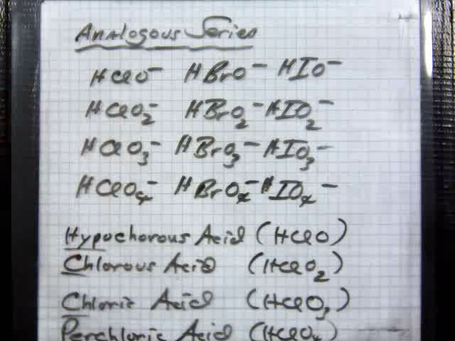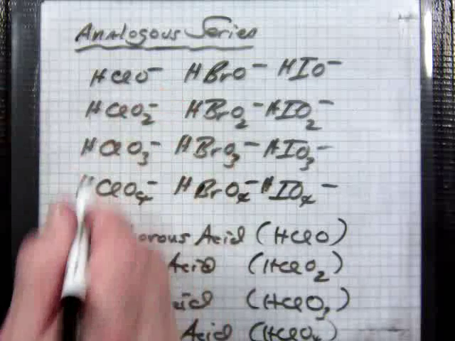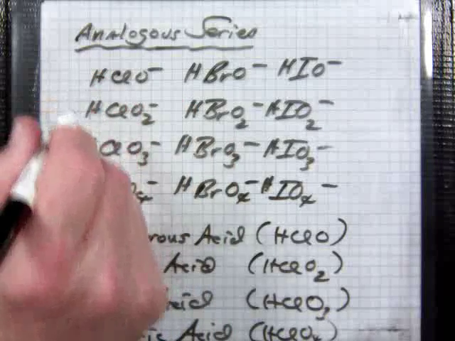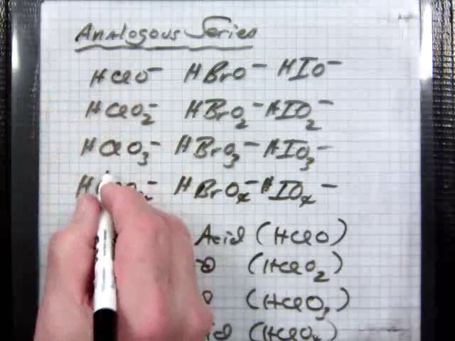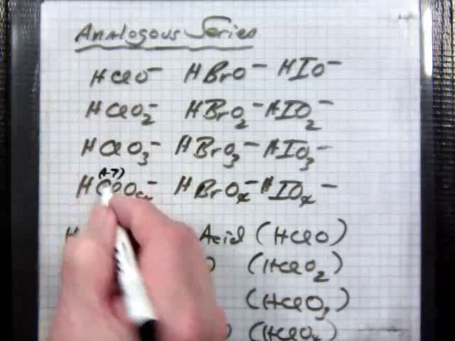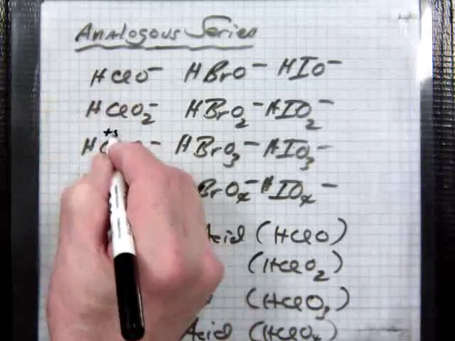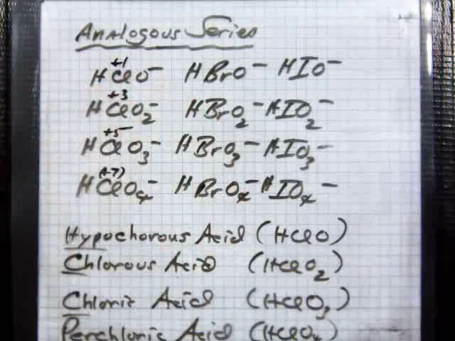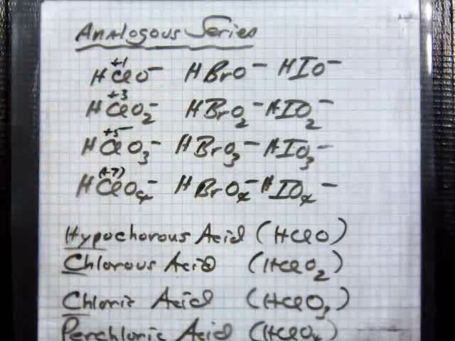So you've got to mentally understand that. Like in this, in the chlorides, this is actually a +7 oxidation state. This is a +5 oxidation state, +3 oxidation, and a +1 oxidation state. Believe it or not. I'll show you how to get to that.